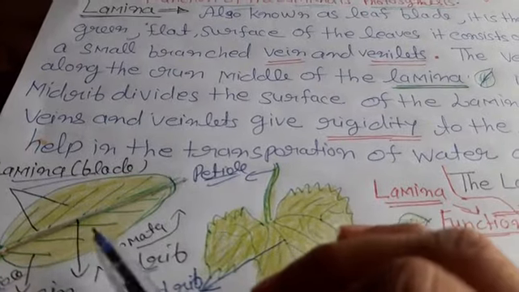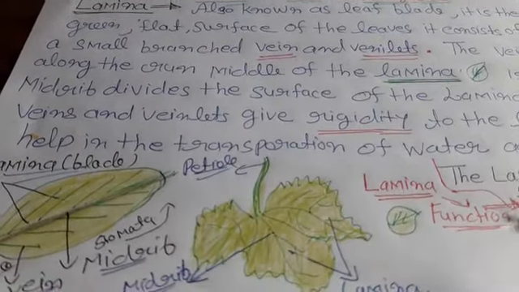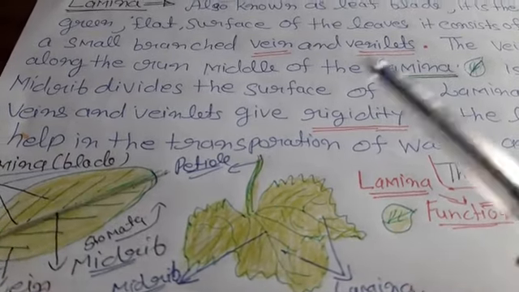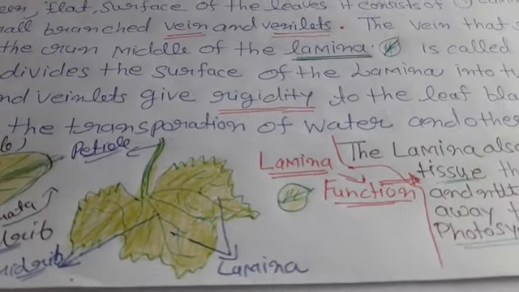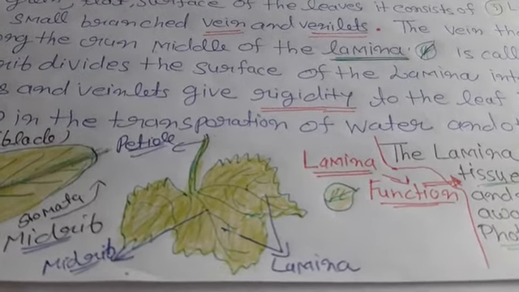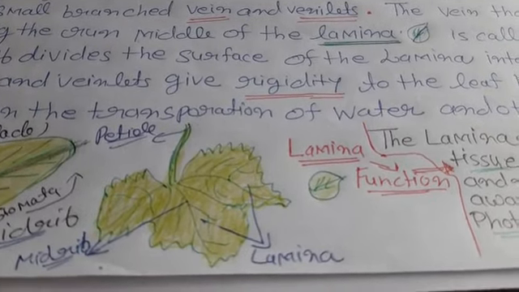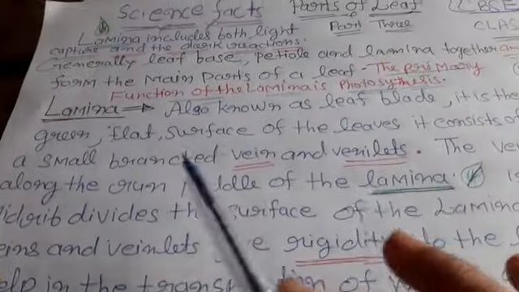Veins and veinlets help in the transpiration of water and other substances and consist of vascular tissue. This tissue helps in carrying water and other nutrient minerals and some products of photosynthesis. Okay, so this is a description of the lamina.